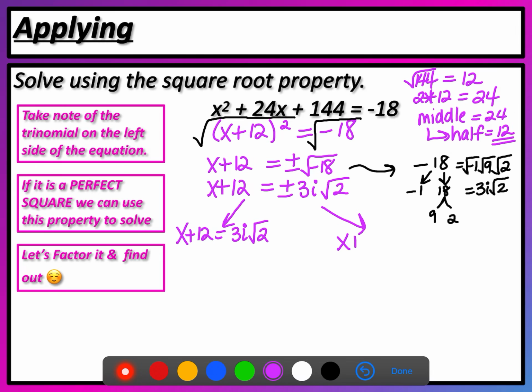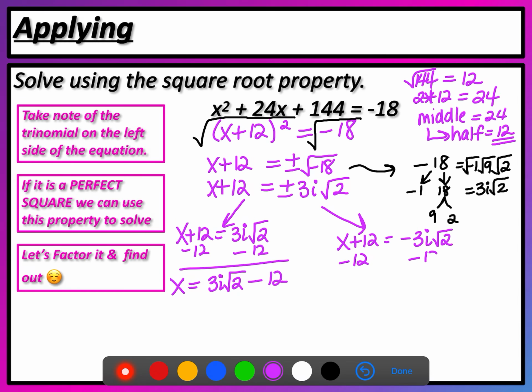One where it's positive and one where it's negative. All right, and then we'll solve by subtracting 12. Remember, those are not like terms, so they cannot be combined. We just write them out using the appropriate operation.